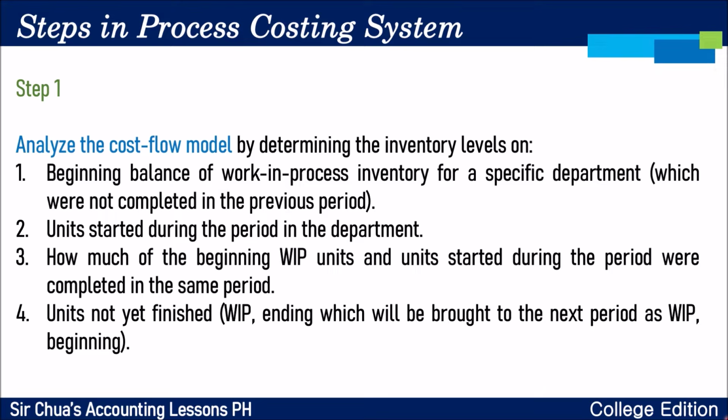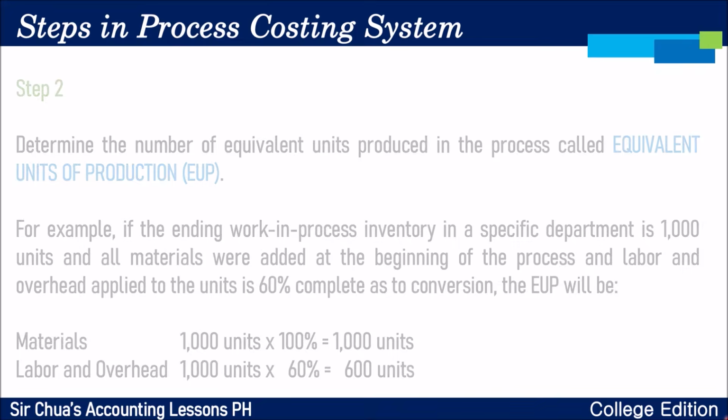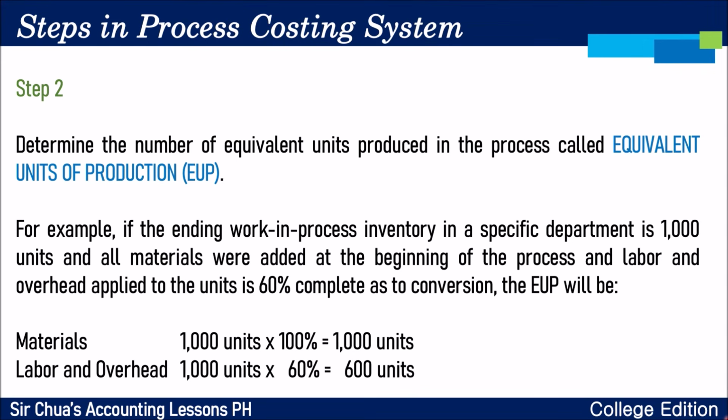And syempre, ang number 4, kung merong completed, yung mga hindi pa completed ay ilalagay po natin sa units not yet finished or yan po yung ending work in process inventory which is next period, i-bring mo uli siya as beginning work in process. Now, the step 2 in process costing is determining the equivalent units of production.